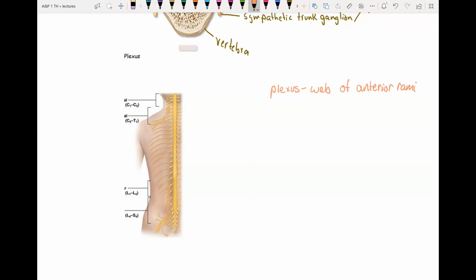Okay, up here in the neck, this one is the cervical plexus. And the rami from it have nerves that come out that are going to innervate the head and shoulders.